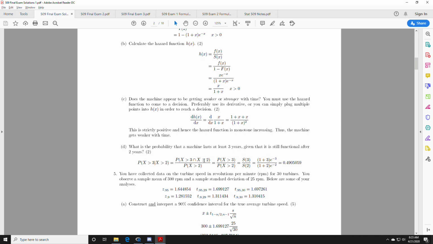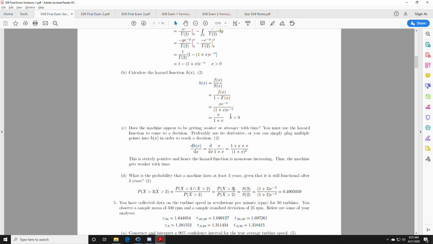X being greater than 3 implies that it's greater than 2. So we have the probability x is greater than 3 divided by the probability x is greater than 2, which is nothing more than the survival function evaluated at 3 divided by the survival function evaluated at 2. We know what that is: 1 minus the CDF. So just plugging it in, we get our answer.